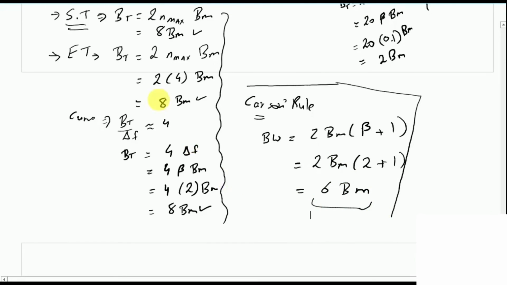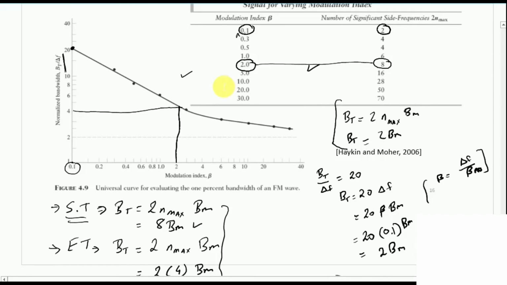So an interesting point over here is that if the value of beta is quite large, so if you have 20, right, so this will be around 2.5 because this is 3.